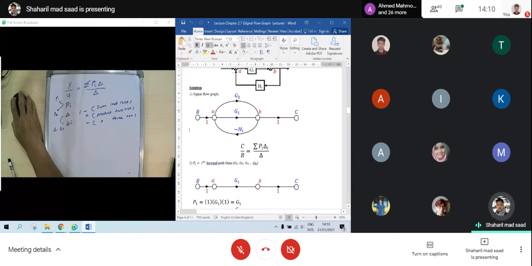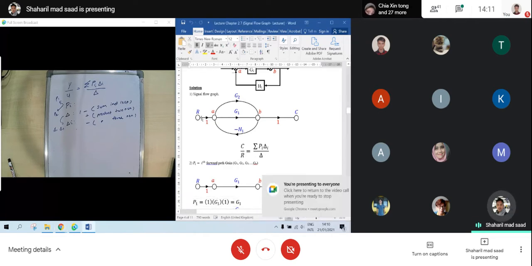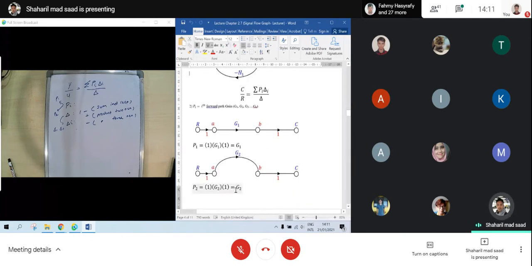Then you can find the transfer function C over R. First, find the forward path gain, that means direct here: 1 times G1 times 1. So forward path gain number 1 is G1. The second forward path gain is 1 times G2 times 1, forward path gain number 2.